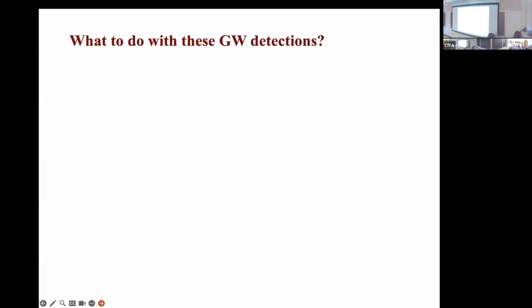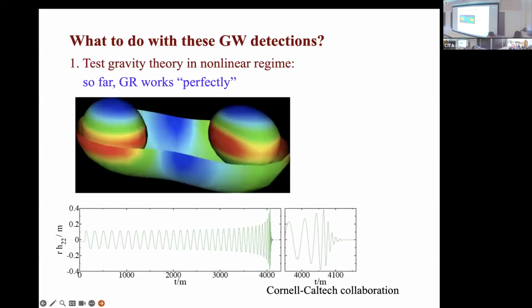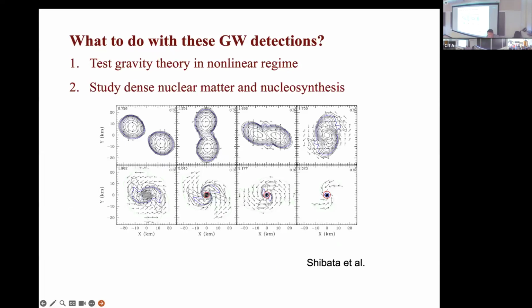All right, so what can we do with these gravitational waves? Let me just go through some quickly. Of course, the first thing you can do is test gravity in the linear regime, and many people are engaged in these activities. So far, I was talking with my colleagues at Cornell and Caltech, and GR works perfectly so far. The second thing you can do, of course, is study dense nuclear matter.